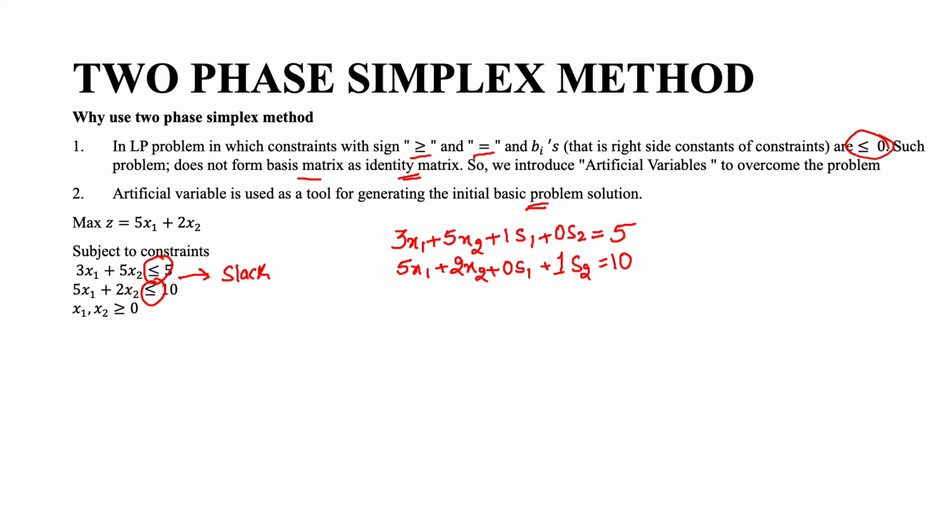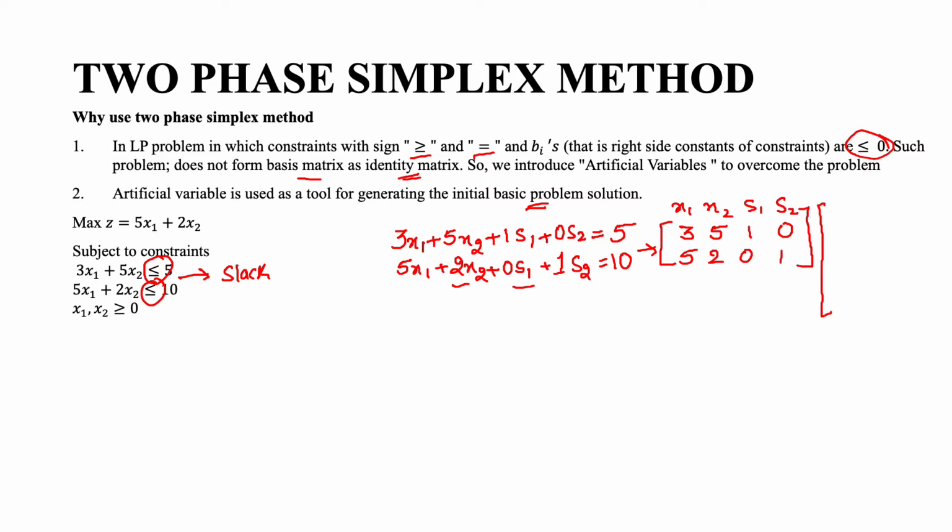So if I write it in matrix form, here I will have the coefficients of x1, x2, s1, s2. Okay, so that is 3, 5, 1, 0, and 2, 0, 0, 1.